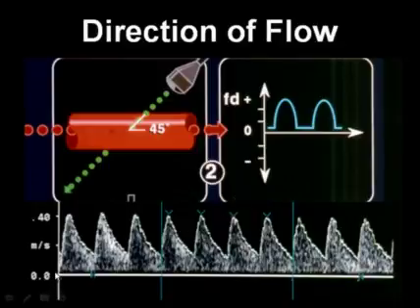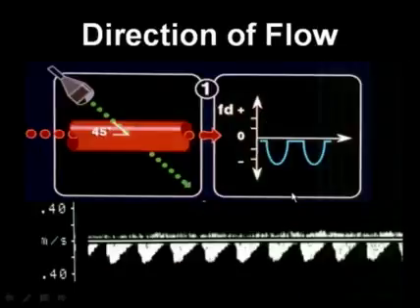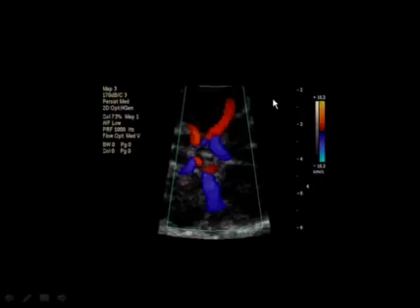Now, if the blood flow is directed toward the transducer, the Doppler waveforms will be represented above the baseline, whereas if the blood flow is directed away from the transducer, the waveforms will be represented below the baseline.